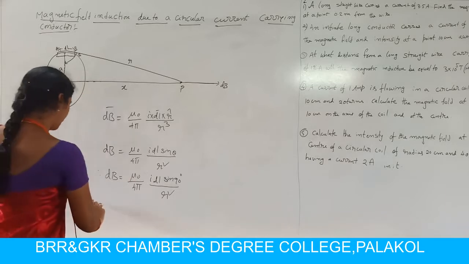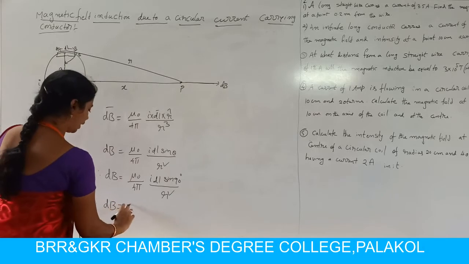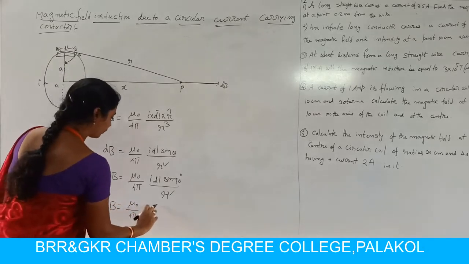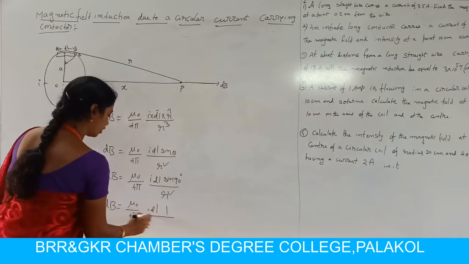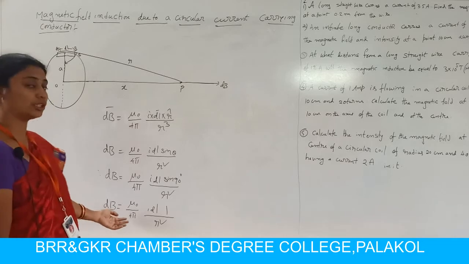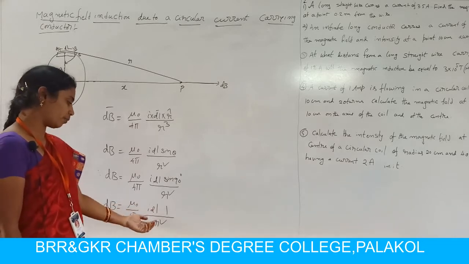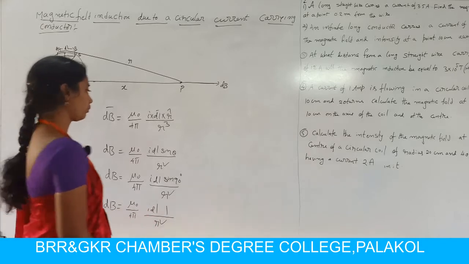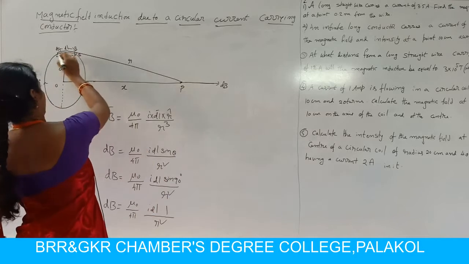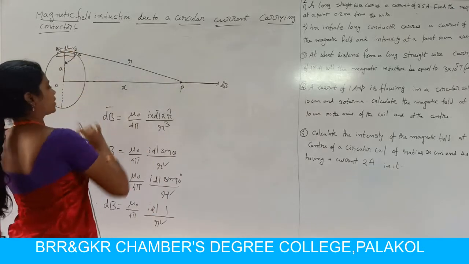We know the value of sin 90 is 1, so dB equals mu naught by 4 pi, I dl by r square. Here we consider the elemental length dl for a small part of this circular loop.